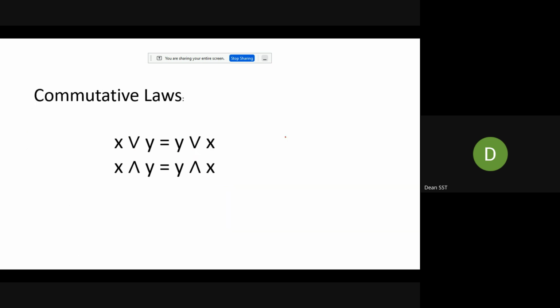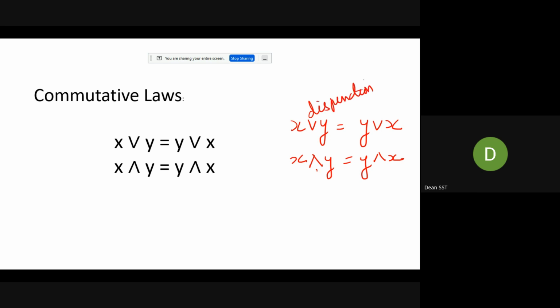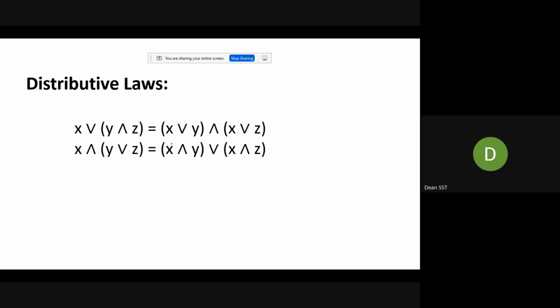Commutative laws: x disjunction y is equal to y disjunction x. Similarly, x conjunction y is equal to y conjunction x. This is disjunction and this is conjunction. These are the commutative laws. Then the distributive law.